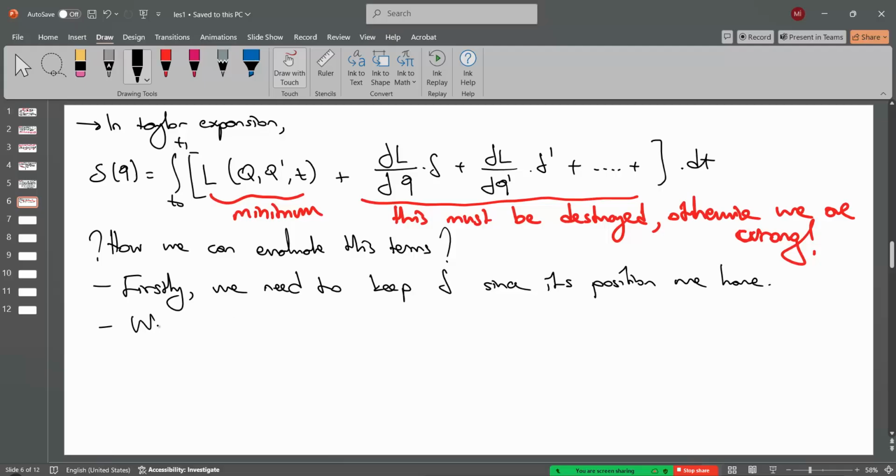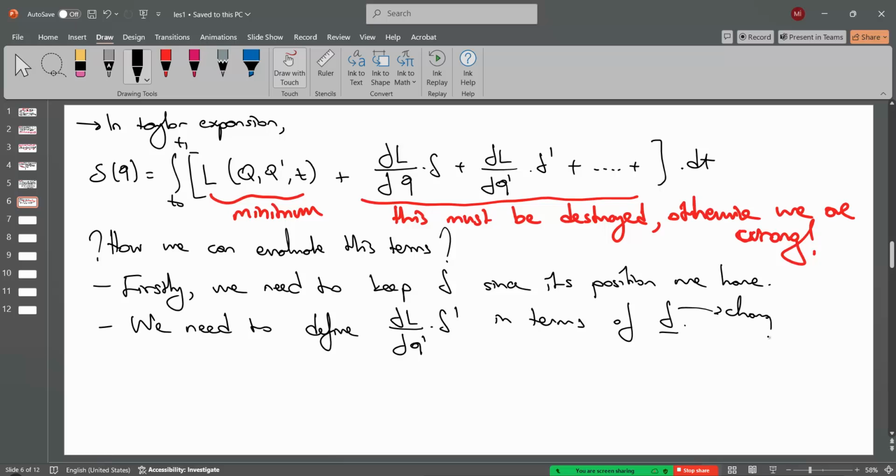After that, we need to define dL/dq times delta in terms of delta, because it's the change in the pathway.